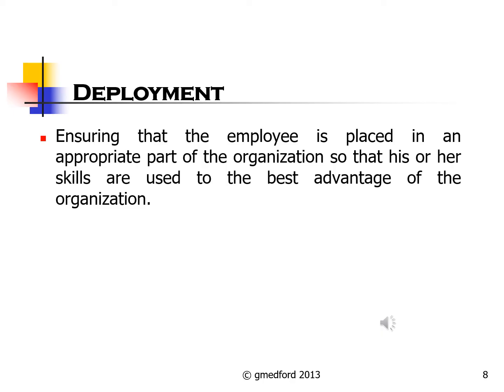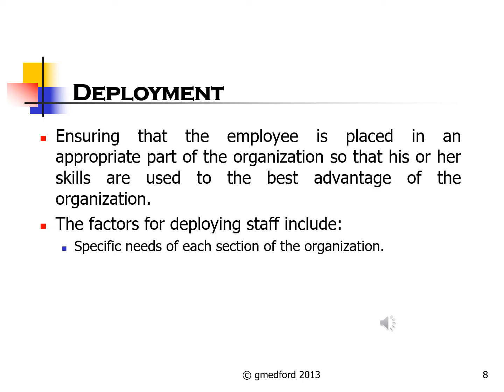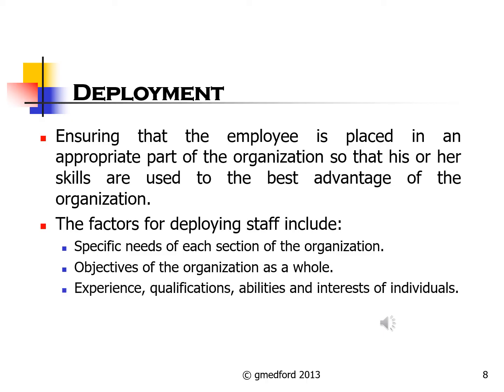So deployment ensures that employees are placed in a part of the organization where their skills will be used to the best advantage of the organization. Some of the factors that are considered for deploying staff include the specific needs of each section of the organization, organizational objectives, experience, qualifications, abilities, and interests of the individual employee.